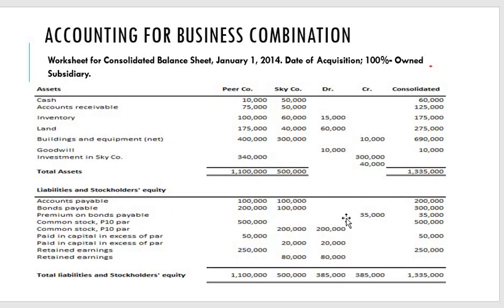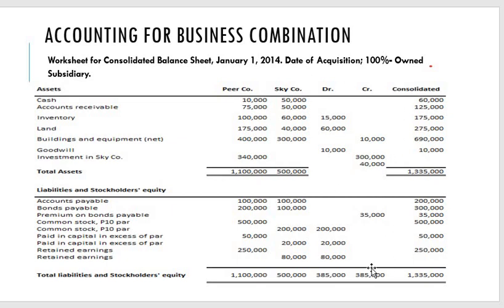Okay, so after we've prepared the worksheet working paper eliminating entries, and plotted that in our worksheet, we prepare the consolidated column of the worksheet. The consolidated column is actually the sum of the book values of the two separate FS, the separate FS of Peer and of Sky. Then we just take effect of the working paper eliminating entries.